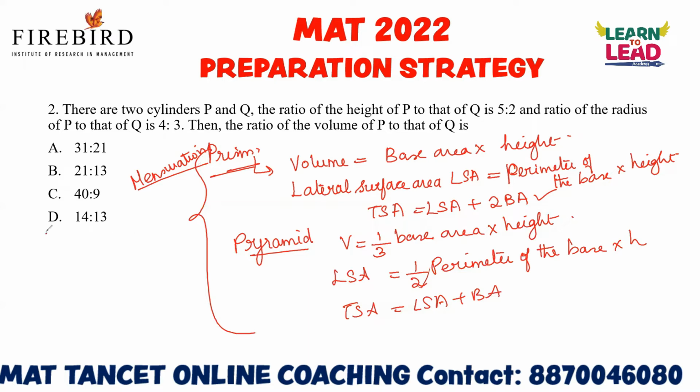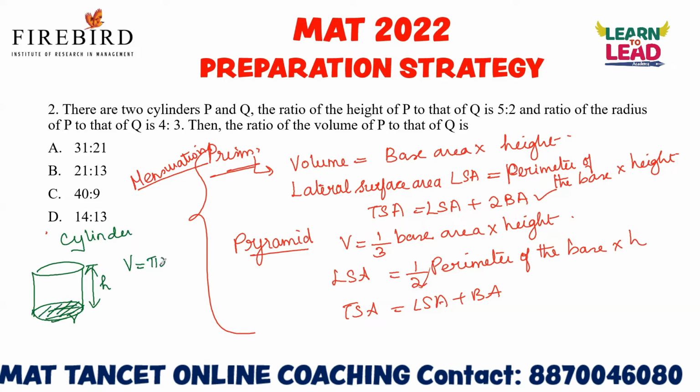Okay, let us consider cylinder. And this is the cylinder, right? Shape of a cylinder. Its radius is R and height is H. What is the volume of a cylinder? Base area. Here, the base is a circle.